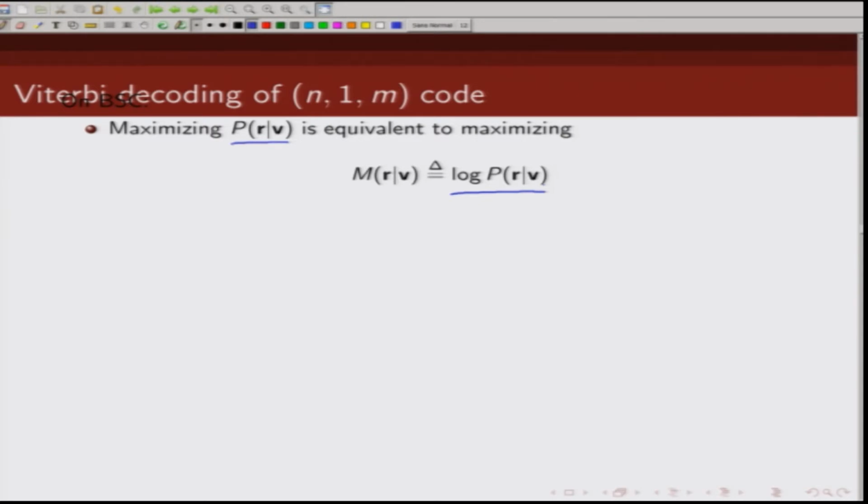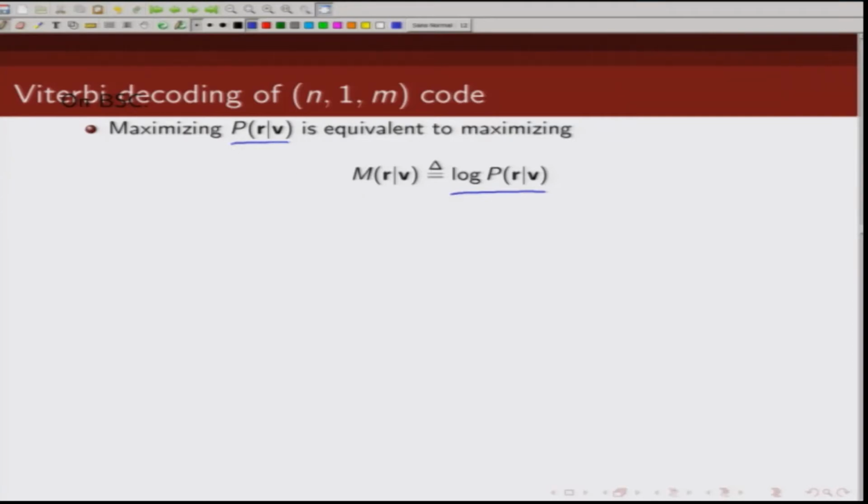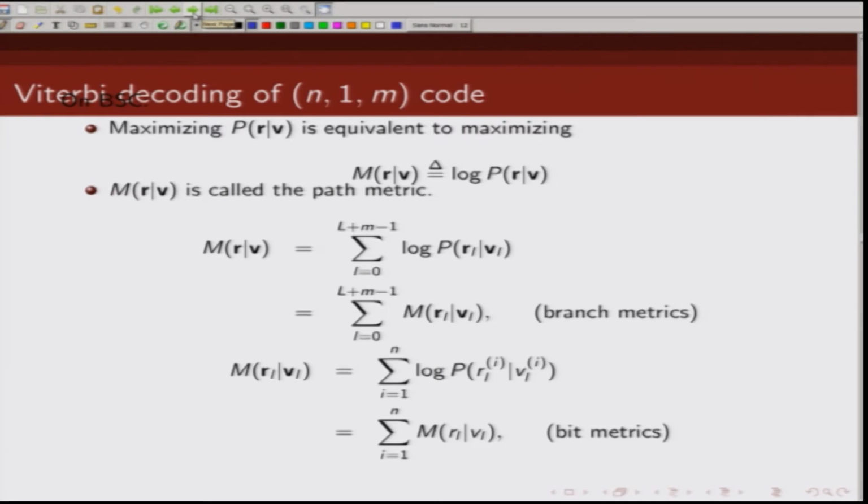Because log is a non decreasing function. So, we can equivalently write our objective as maximizing the log of probability of R given V, and this we call the path metric.